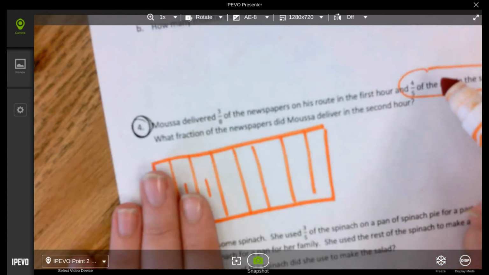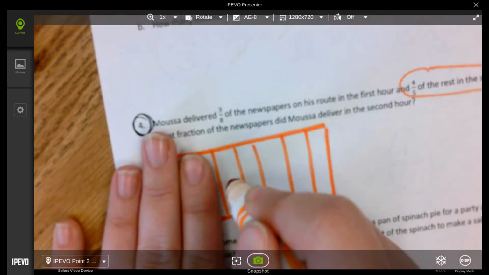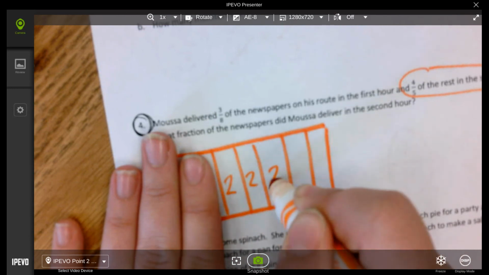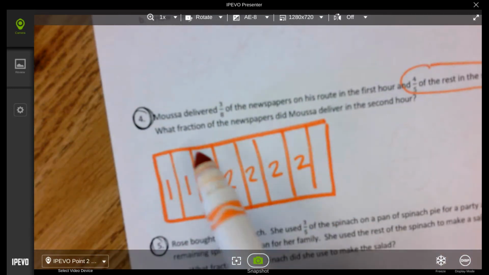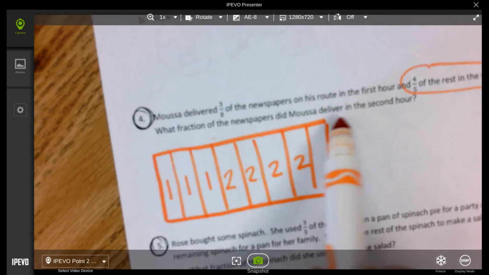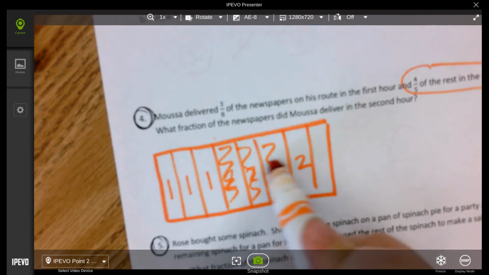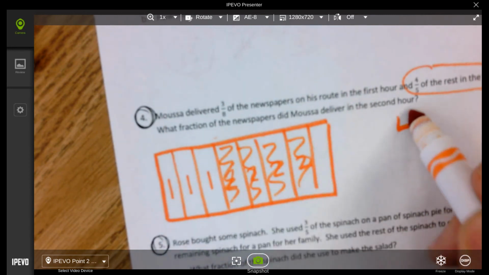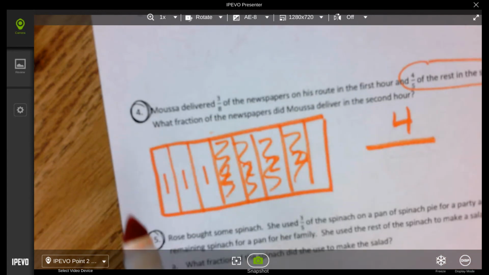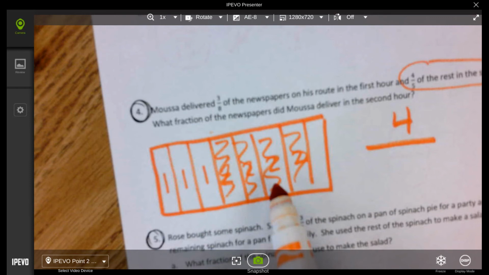So 4 of those are in the second hour. What fraction of the newspapers did Musa deliver in the second hour? Well, there's 1, 2, 3, 4. So 4 out of how many total pieces? 1, 2, 3, 4, 5, 6, 7, 8 total pieces.